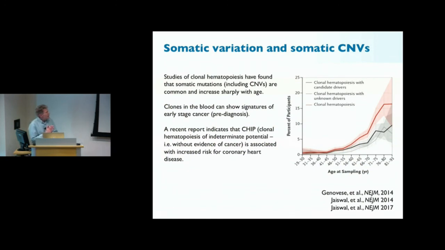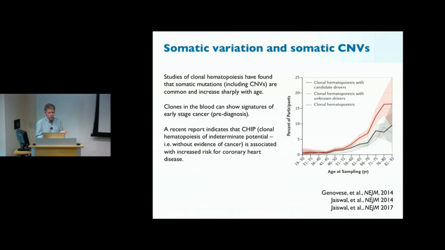And so lastly, I want to spend a minute talking about somatic variation and somatic CNVs. There's been a lot of interest the last couple of years in looking at clonal hematopoiesis and somatic variation that occurs in blood cells, right?